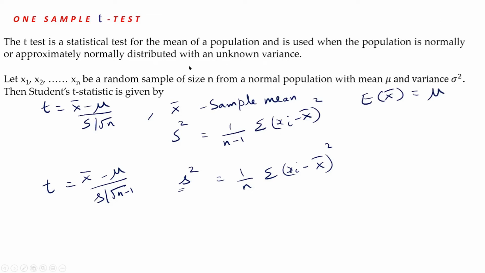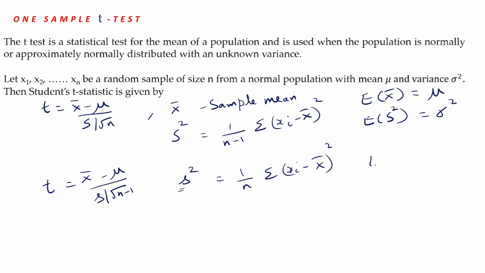We use this one sample t-test when the population variance is unknown, that is, we do not know the value of sigma square. When we do not know sigma square, we have to use the expected value from the sample. So the expected value of this capital S square is equal to sigma square. This is basically called an unbiased estimator of population variance.